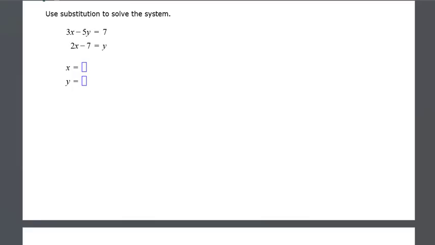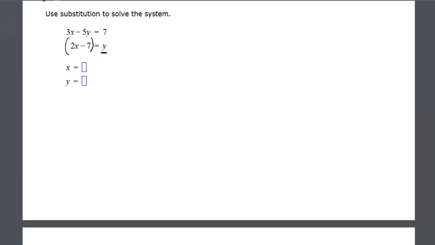Use substitution to solve the system. We have the equation 3x minus 5y equals 7. And the second equation is 2x minus 7 equals y. Here we're going to use substitution because we have y equaling 2x minus 7, which means in the first equation where we see y, we can substitute the quantity 2x minus 7.